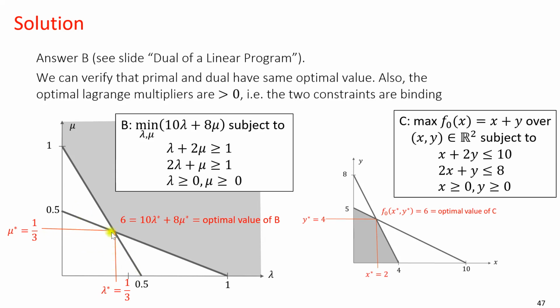We know that if a Lagrange multiplier is positive for an inequality, and here that's for both, then it means that at the optimum point, both of those inequalities are valid with equality, which we do see here. We see that this point satisfies the two constraints with equality. Therefore, we find that the two optimal Lagrange multipliers are positive also.